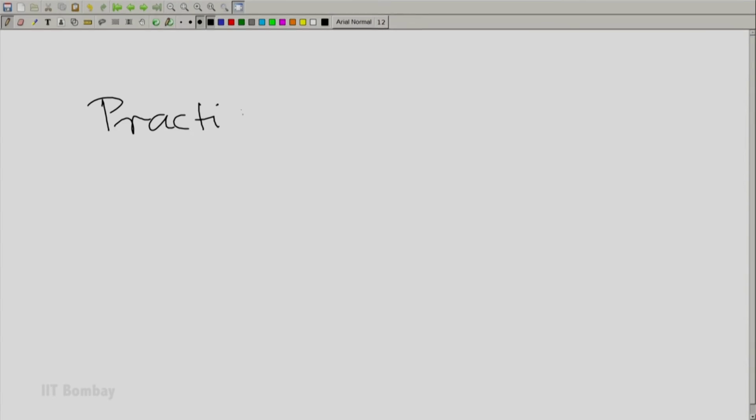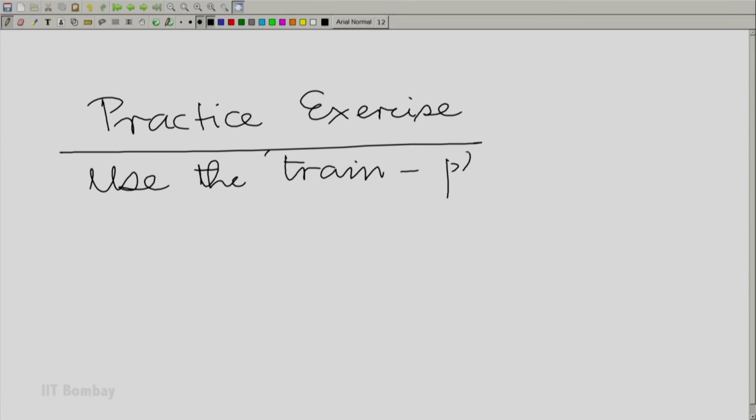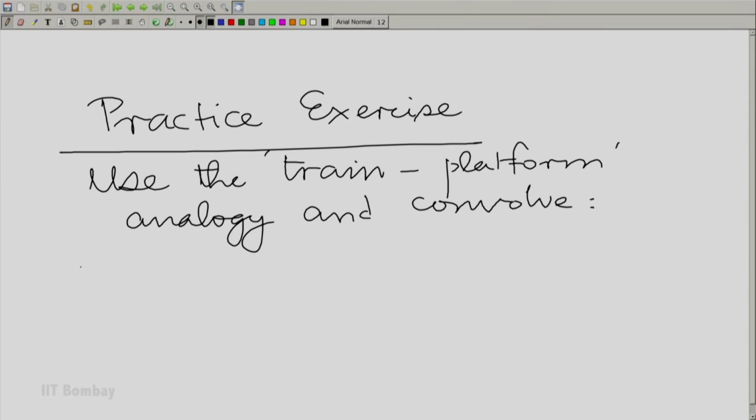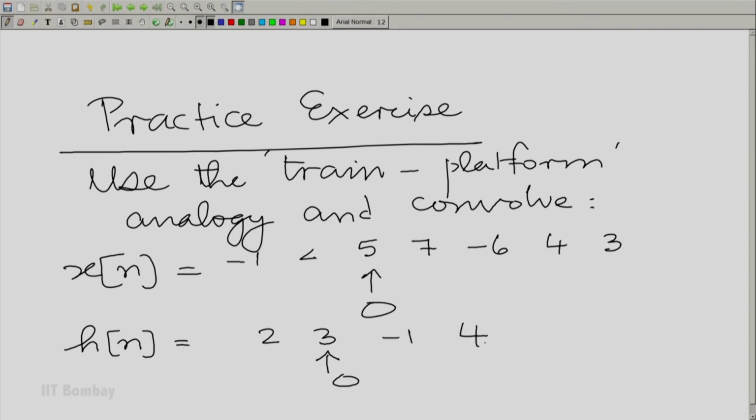Let me give you an exercise to enable you to practice. Let me put down an exercise for you. Practice exercise. Use the train platform analogy and convolve. So, I have given you this exercise here. Now, notice I have made the exercise a little more troublesome.